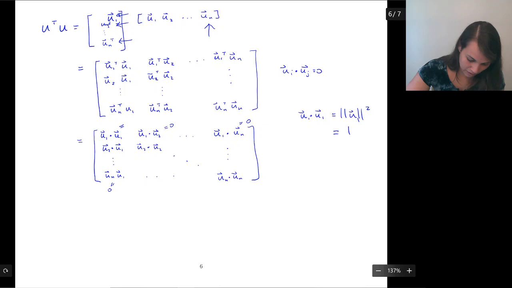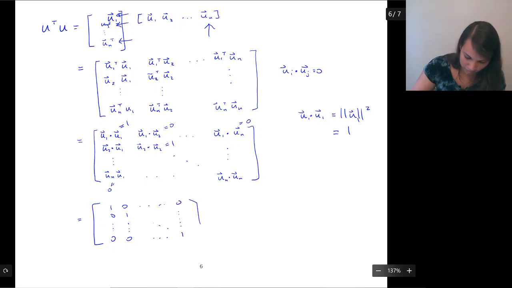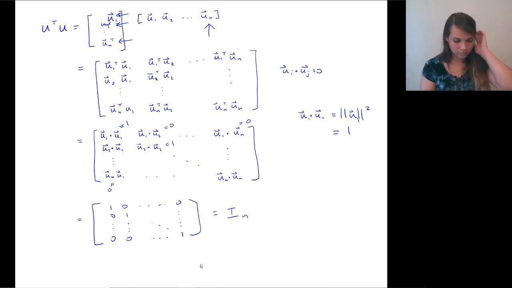Same for everybody else. So this is going to be 1, 1. That means we're going to have 1s on the diagonal and 0s everywhere else. Sound familiar? This is just I_N. There we go. Okay, so that's our proof for that guy.